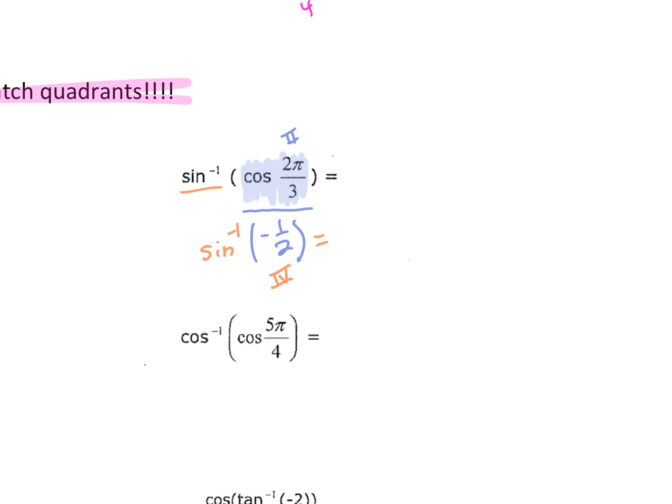So inverse sine of negative a half, what do we get? Yep, we get 330 degrees or 11 pi over 6. Actually, our original question had radians, so our answer should be in radians too, shouldn't it? Does that make sense? I hope.